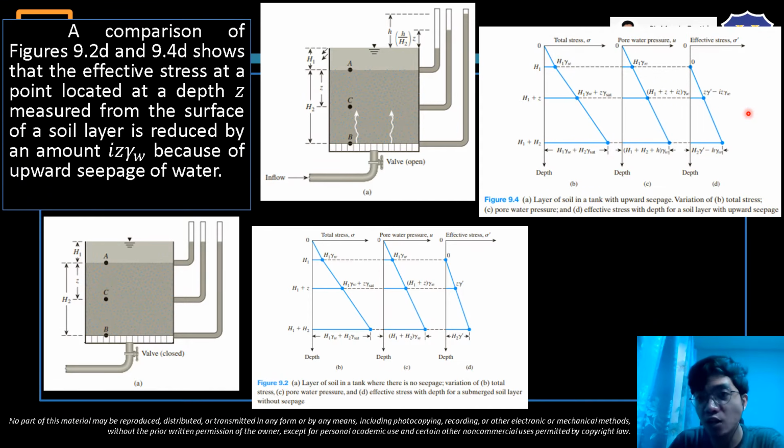So there was a reduction of iZ gamma water in our effective stress because we have upward seepage.